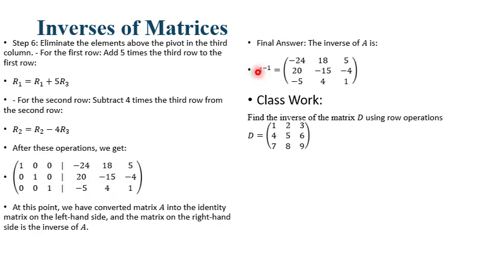Simply writing it out shows that you have been able to use the row operation method to determine the inverse of matrix A, which is this. All right, this is classwork, and you can just play around with this and let's see what you get.